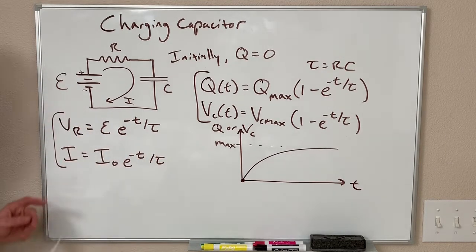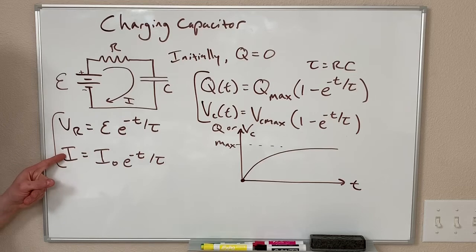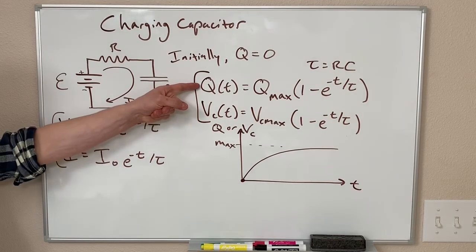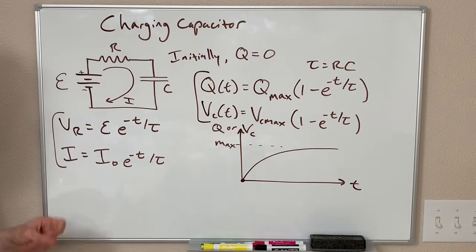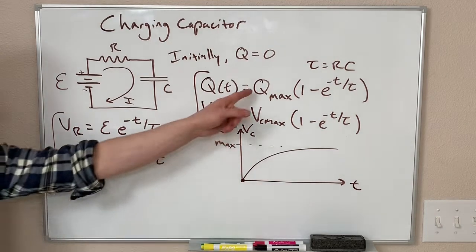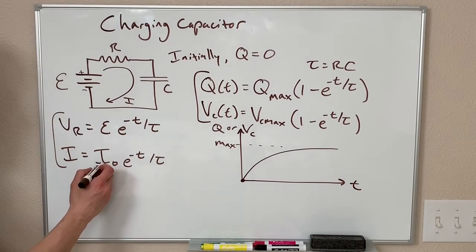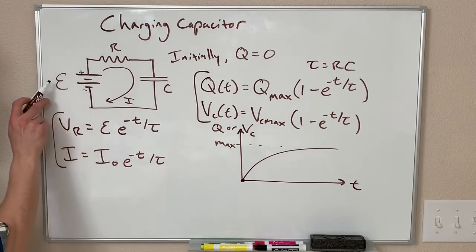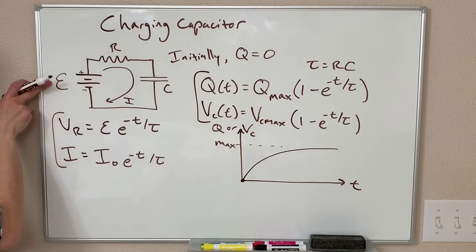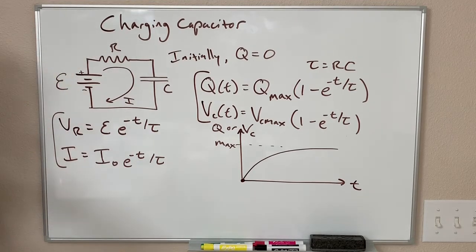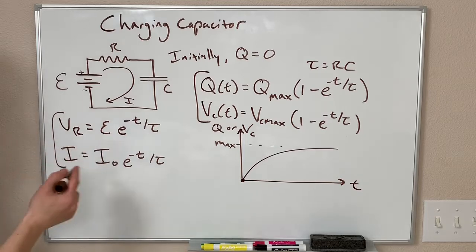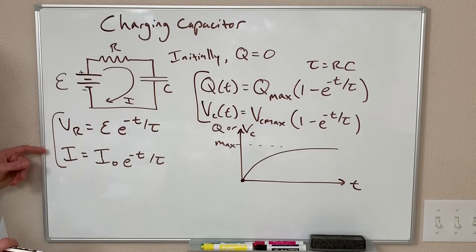We can get these pretty easily. We can actually get them by just taking the derivative of this equation if we really wanted. You can do that if you want to ensure that you get this equation. This initial current is going to be determined by the battery voltage and the resistance. We can also get between these two with Ohm's law, V equals IR. So if we take this equation and multiply by R, we get this equation.